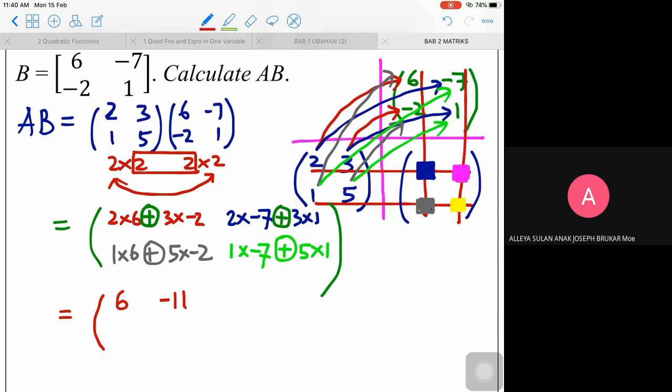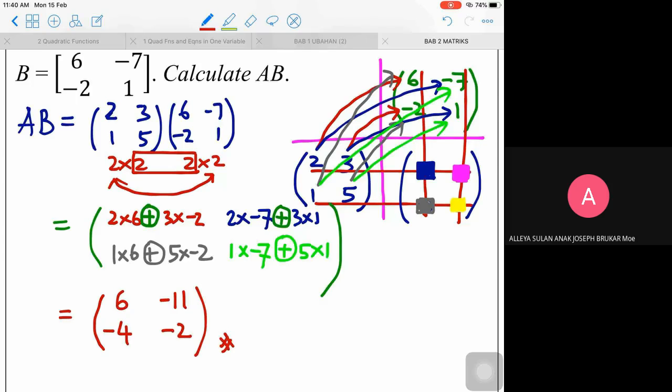Number 3, 1 times 6 plus 5 times -2 is -4. And 1 times negative 7 plus 5 times 1 is negative 2. So this is our answer, 2 times 2, 2 rows, 2 columns. And all the elements inside there are 6, negative 11, negative 4, negative 2.